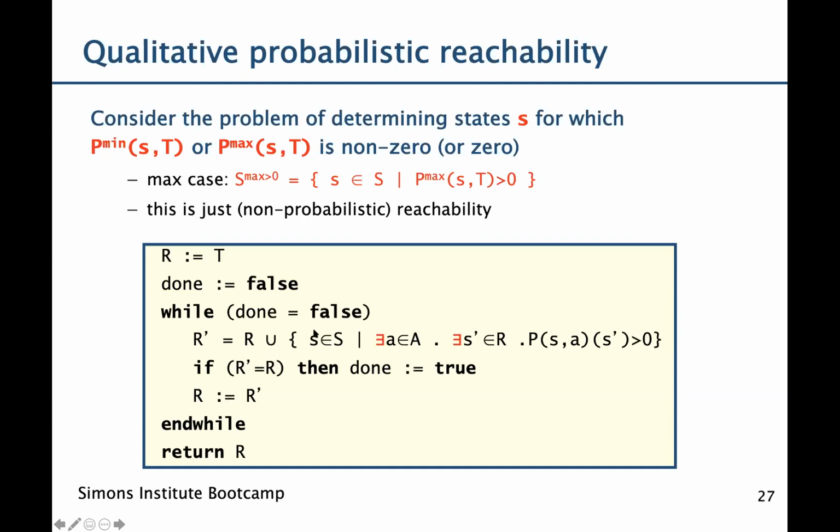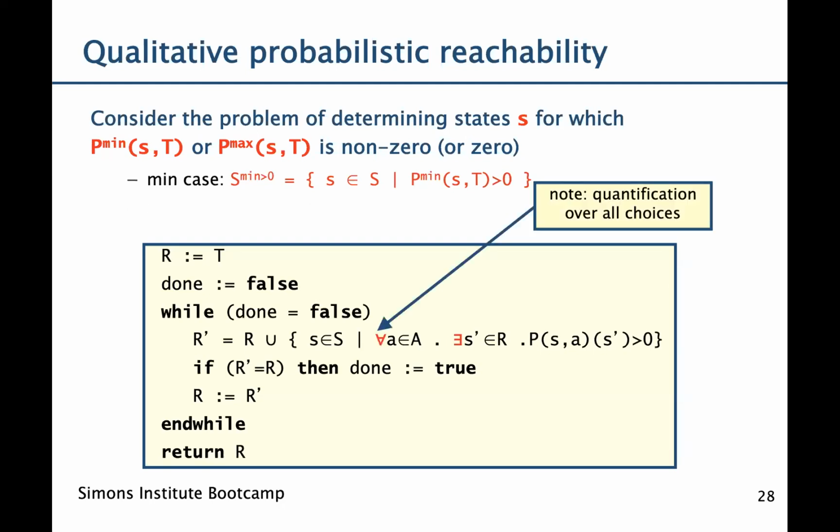So we find all states for which there is some action and some state in the reachability set we found so far, so that we can enter that state, and we keep doing this until our set does not change. This is just standard reachability. We start from the target, then we add in all states that can reach the target in one step, then all the states that can reach the target in 2, and so we keep going until our set of states does not change.